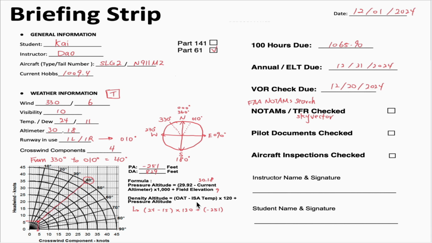Since North Perry is about sea level, we can use 15 degrees for our ISA temperature. So over here it will be 24 minus 15, times 120, plus the pressure altitude. Since our pressure altitude is a negative number, adding it just subtracts that number. So in total it will be 24 minus 15, times 120, minus 251, and we'll get the density altitude for the day of 829 feet.